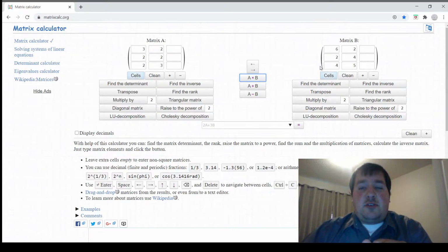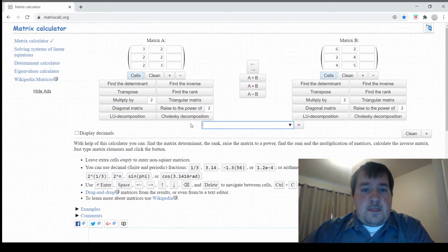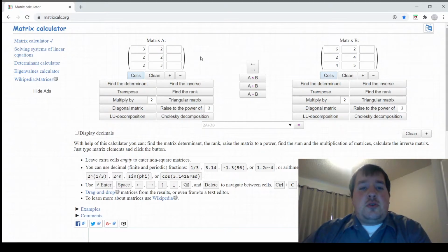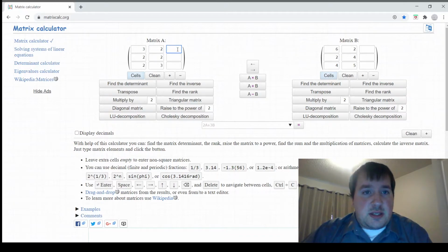That is how you'll find out if you can even multiply the two matrices. And then the nice little trick as well is it will show you the size of the next matrix, so you can know if you're doing your steps right as well. So let's make this so that you can do it.